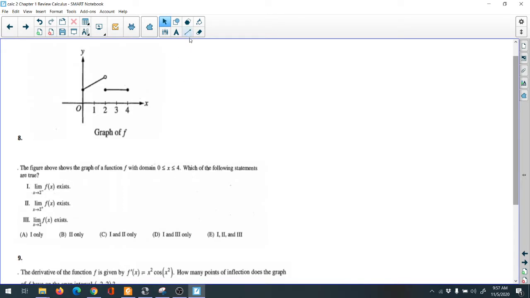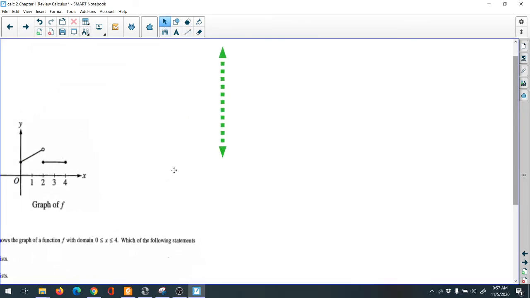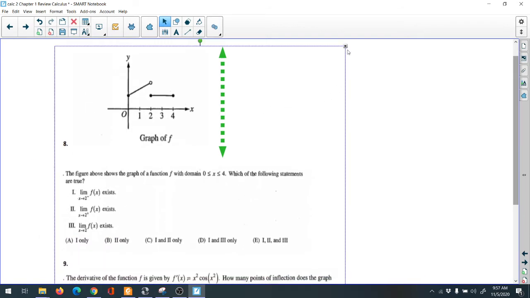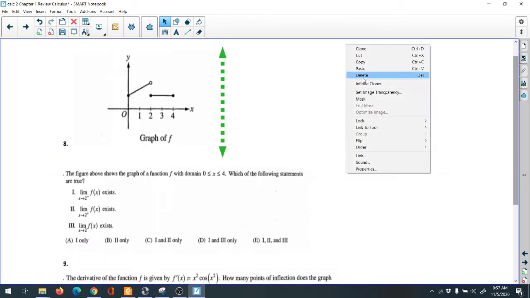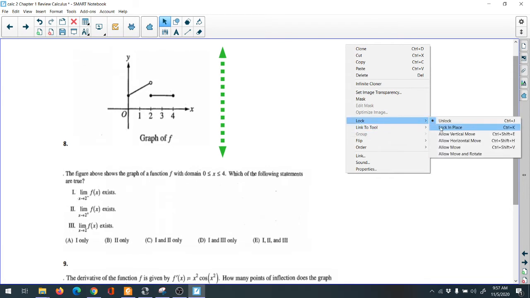So what we could do here is draw an imaginary vertical line across. Okay, let's make it solid here. Lock it in.